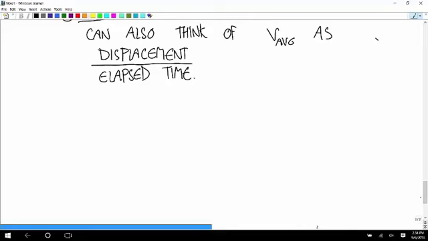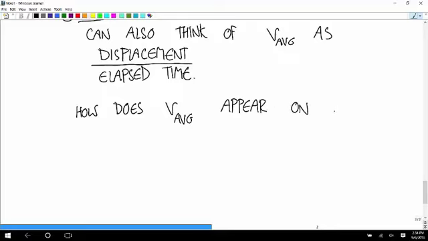So let's think about what the average velocity means on a position versus time graph. How does the average velocity appear on a position versus time graph?